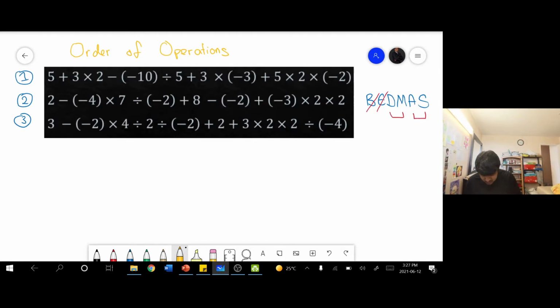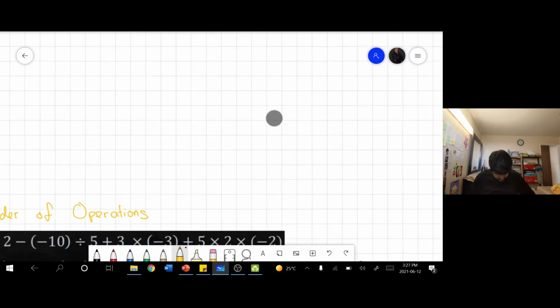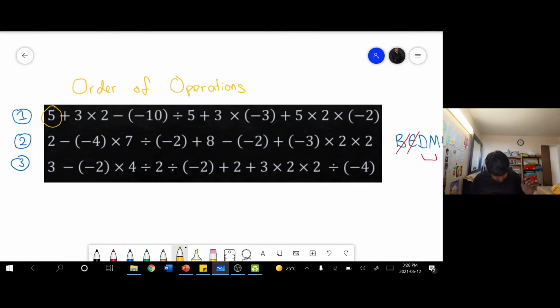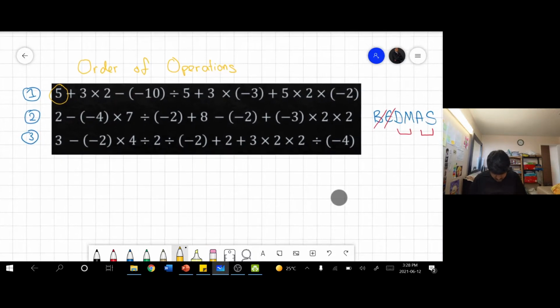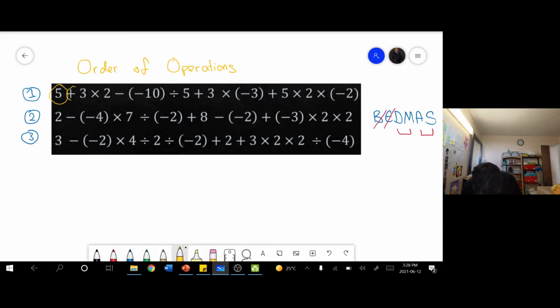Okay? So our first circle is simply going to be the 5. The reason why we don't continue is, of course, because of the adjacent plus sign. That plus sign is not going to permit us to further move through this, right? So we open the next circle right beside it. And it's going to be the plus 3 times 2.